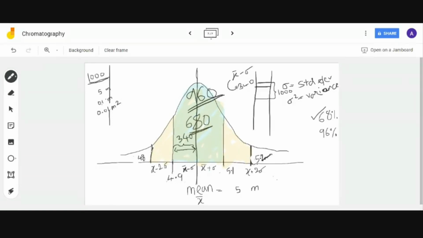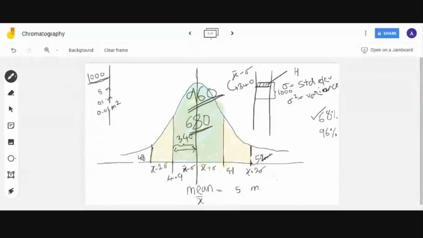In this particular case, I am giving you an example and explaining. So this is x minus sigma. The part of the column which has this quantity of drug is your plate height. That height is your plate height h. Have you understood it now?